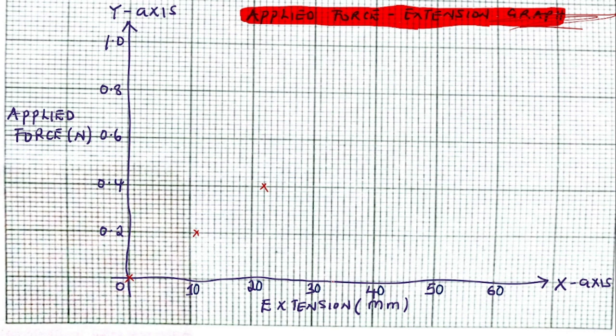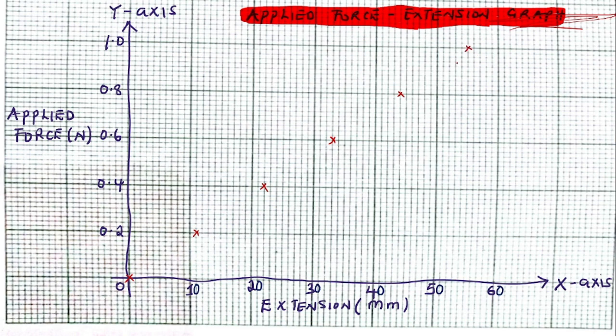The next point, we're going to have 33,0.6, somewhere there. Next point, 44,0.8, should be somewhere there. Then the last point, it's 55,1.0.